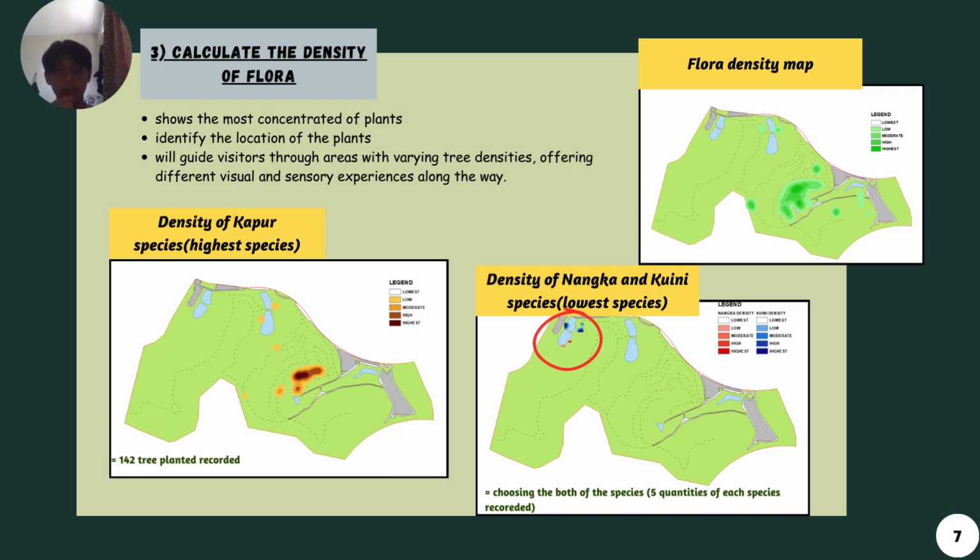Both of these species have high quantities, so we can see how concentrated the plants are. We can also identify the location of those plants, and this method will guide the visitor through areas with varying tree density, offering them a visual and sensory experience along the way.